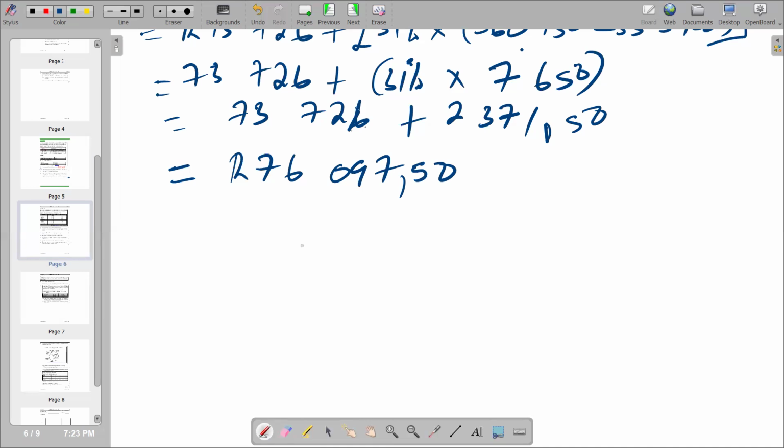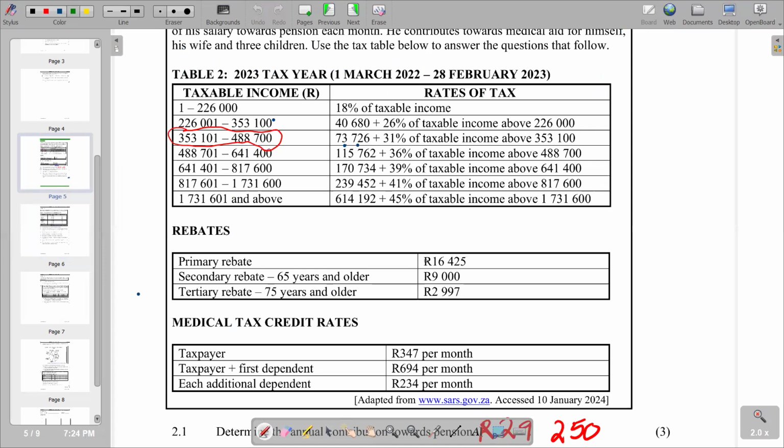So having done that, we can now subtract our rebates. Having got this amount, we can say less our rebates. Go back to the question. They're saying primary rebate, we've got 16,425 rands, and then secondary rebate, which is 65 years and older, and tertiary rebate is 75 years and older.